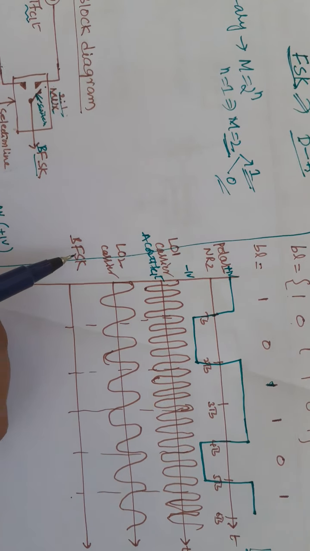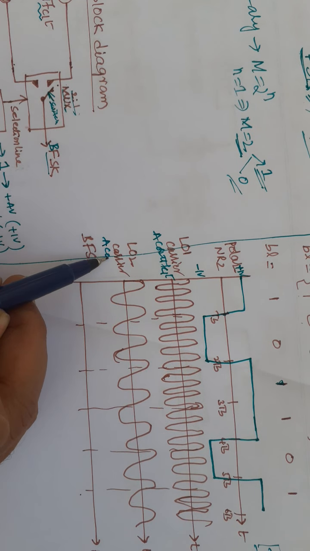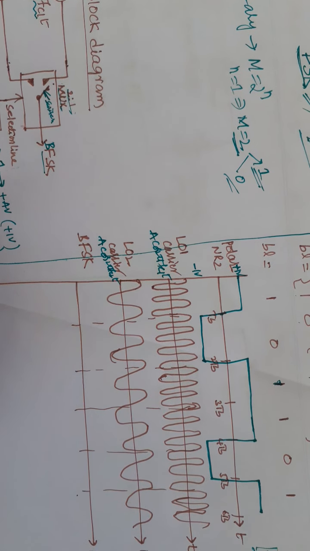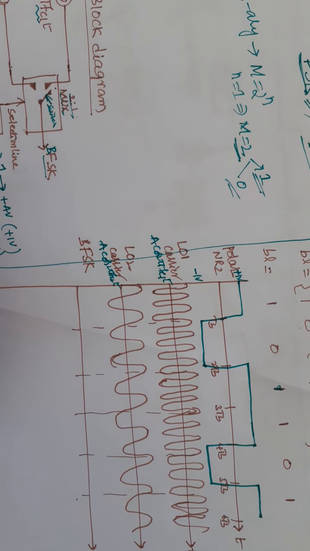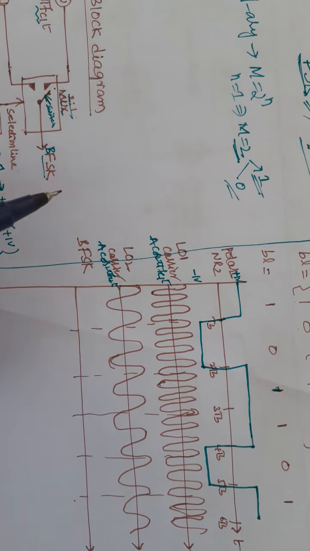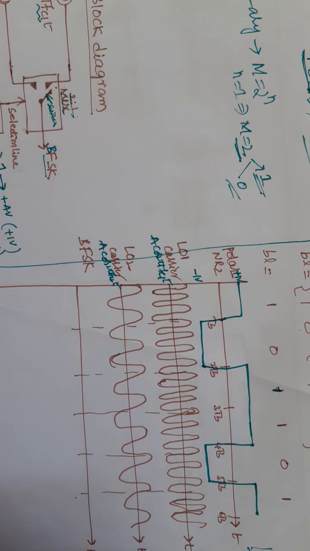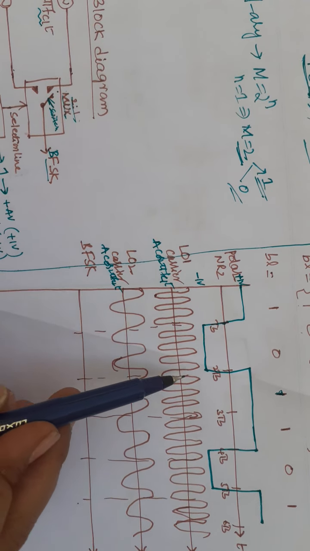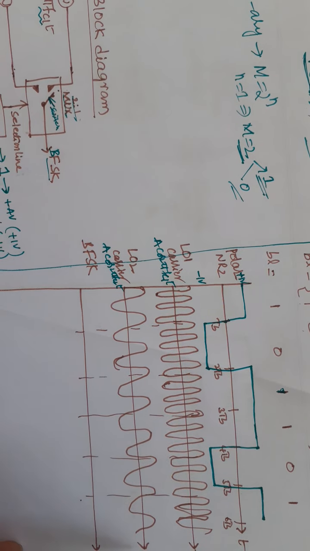Right? Now see here, in this case FC1 is greater than FC2, so the frequency of local oscillator 1 is higher than the frequency of local oscillator 2.